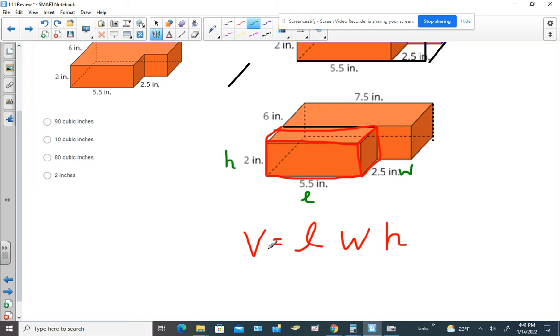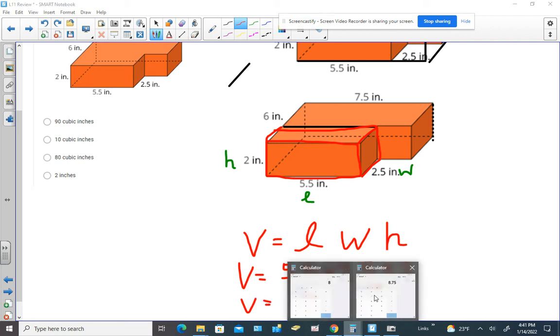We can substitute those numbers in, and you should write this on your piece of paper, by the way. So the length, 5 5/10, the width, 2 5/10, and the height, 2. So to speed things up, we're going to use a calculator. Let's pull it out.